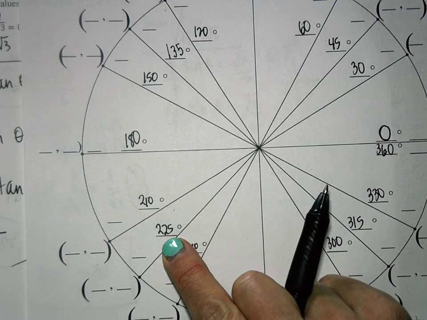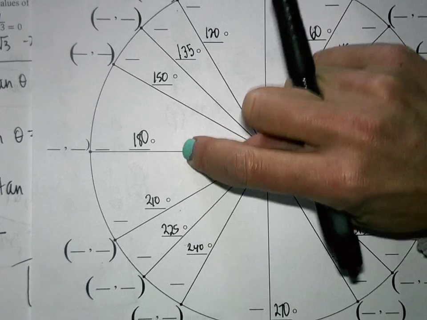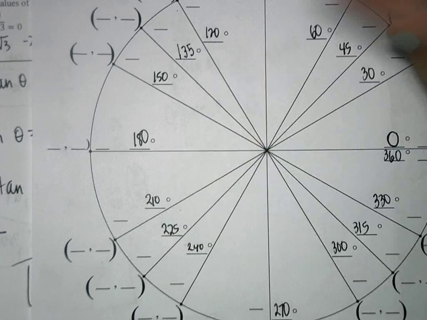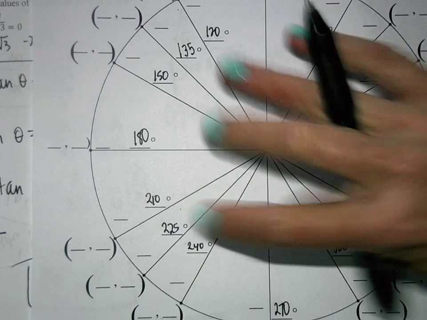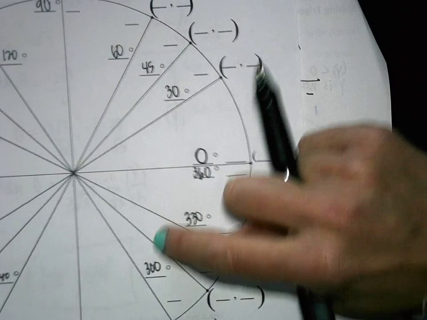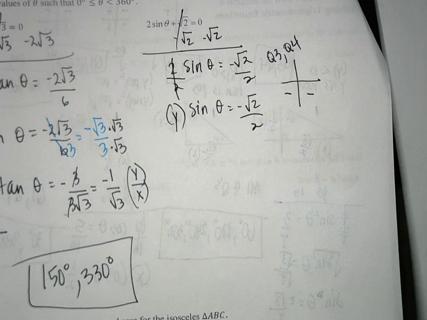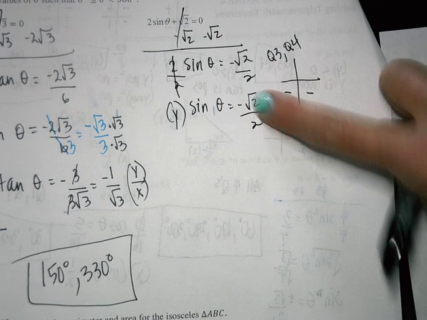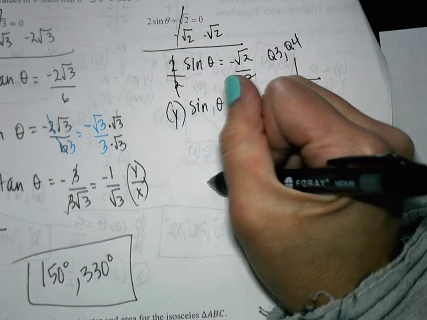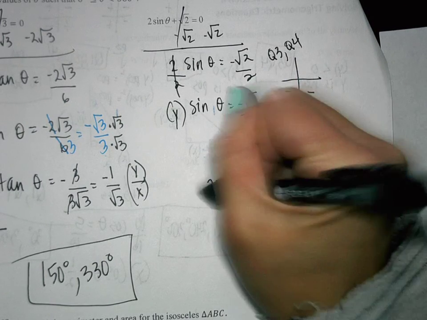Remember the 45 from here up to the x-axis, that's your 45-degree angle. We're talking about reference angles, but the actual degree is 225. And then the 45-degree angle in quadrant 4 is 315 degrees. So sine is negative root 2 over 2 at 225 degrees and 315 degrees. And those are your two answers.